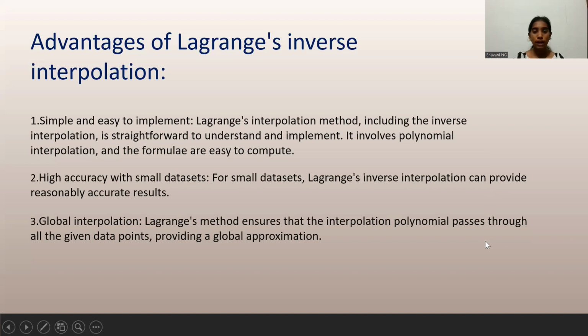For small data sets, Lagrange's inverse interpolation can provide reasonably accurate results. Global interpolation. Lagrange's method ensures that the interpolation polynomial passes through all the given data points, providing a global approximation.